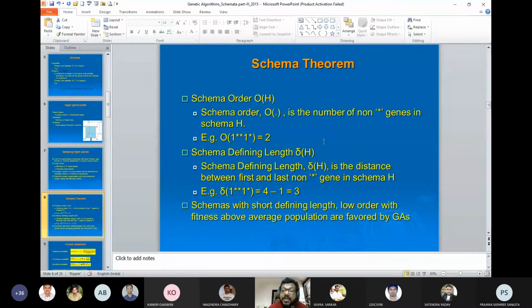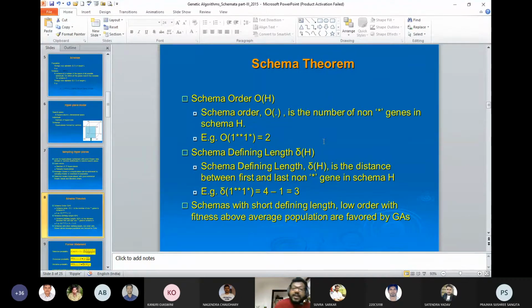The first position is 1, the second and third positions are star, the fourth position is 1, and that is the last position in the string with a fixed value. Next is star. So the distance will be 4 minus 1, which is 3. That is denoted as delta of H.